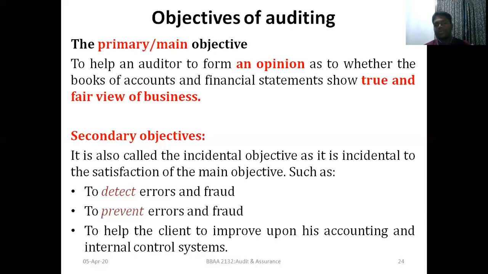So that is also another objective of auditing. So in the slides I explained the objectives of auditing, and the primary and secondary objectives.